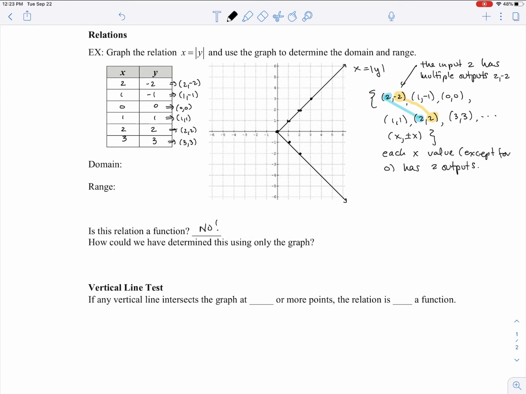Now, in terms of this question down here, what's the domain and what's the range? Well, the domain is the collection of all x values. If we look at our graph and smash this graph flat, if we take our hands and put them on both sides and slap them shut, this graph will collapse onto the x-axis, and we'll be left with a single point here and then an arrow pointing to the right.